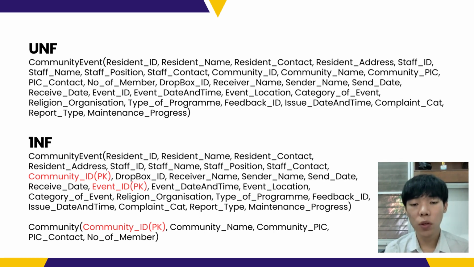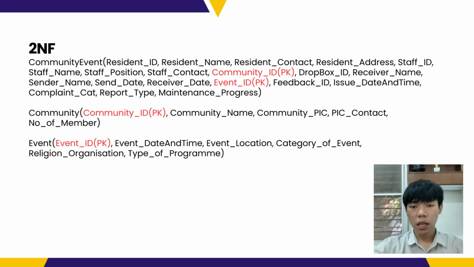So we can see community is our entity, and we bring out our primary key and all the attributes from the community. We can see community ID is our primary key, and community name, community PIC contact, and number of members are the attributes of community. Next is second normalized form.